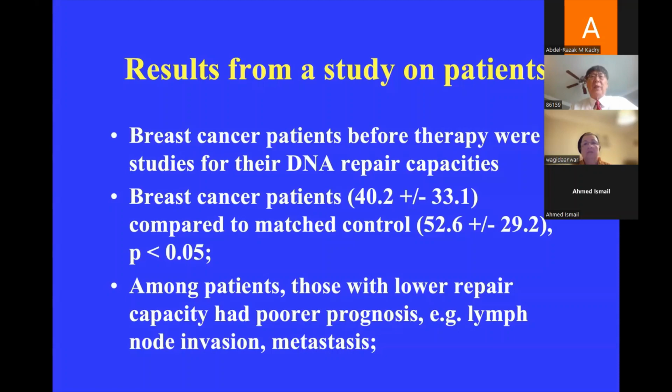These people have lymph node invasion and metastasis. That means the DNA repair capacity as detected in lymphocytes also identifies poor prognosis. With that capacity, the cancer cell can survive and cause more serious problems than otherwise.